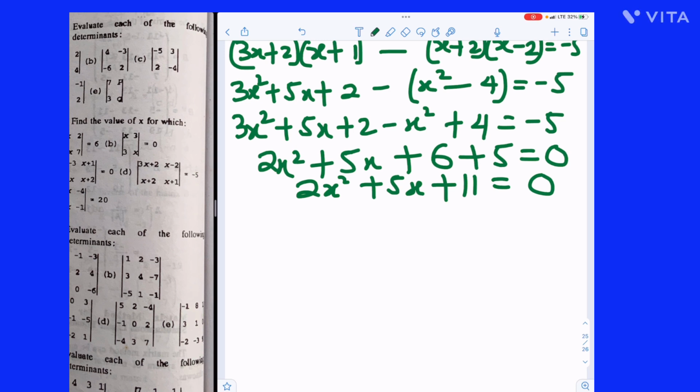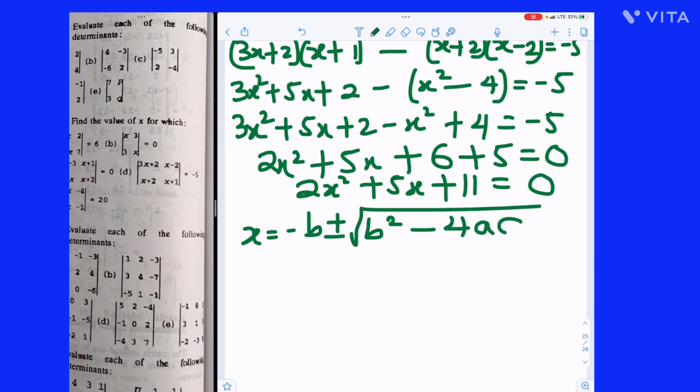Let's go. Using x is minus b plus or minus square root of b squared minus 4ac, over 2a.